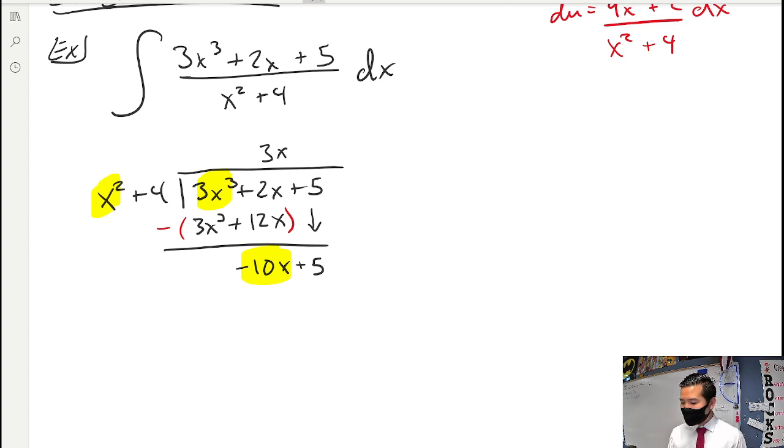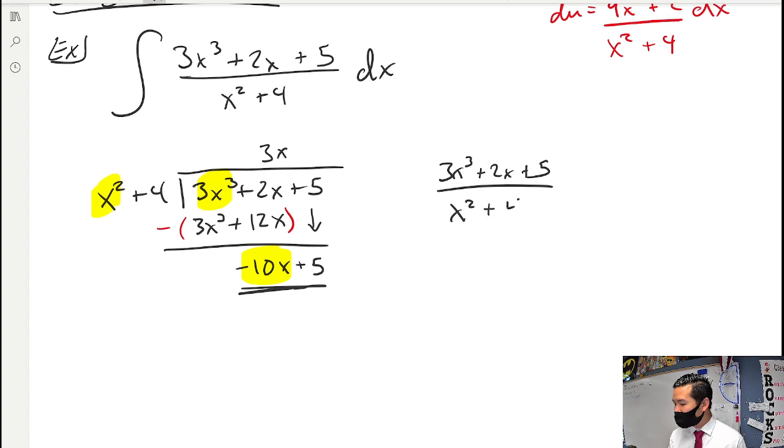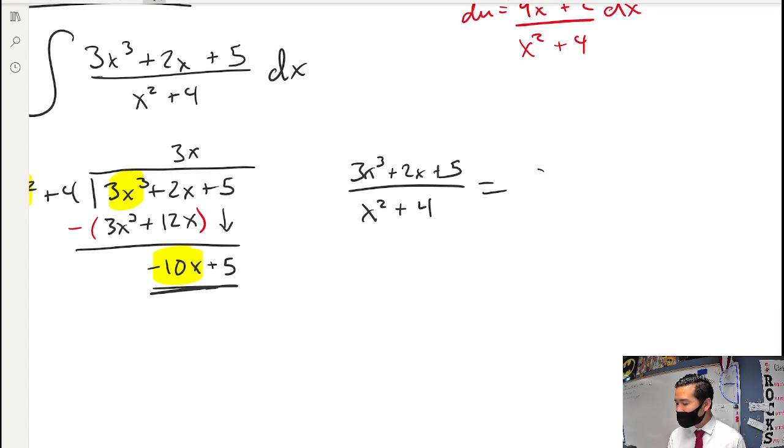So here's the thing. Doing long division, I can't go any further, right? This is x squared, this is just x. So if I was looking at 3x cubed plus 2x plus 5 over x squared plus 4, this whole thing is actually the same thing as 3x plus negative 10x plus 5 over x squared plus 4.